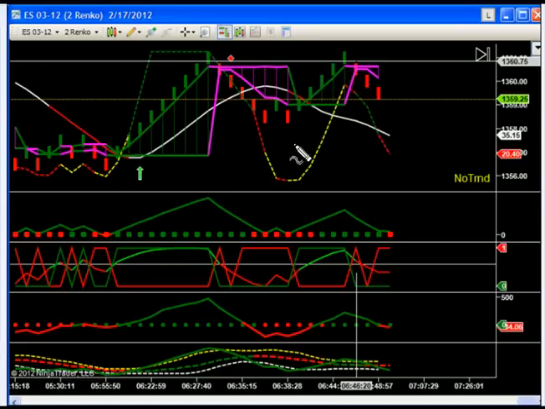Now, one thing that you could do, which again I don't do, is you could trade the DIX in a situation like this and go short when the DIX turns red here, and then when it starts moving up, get out of the trade, and then you could have gone long here with the DIX and got out when it started moving down.